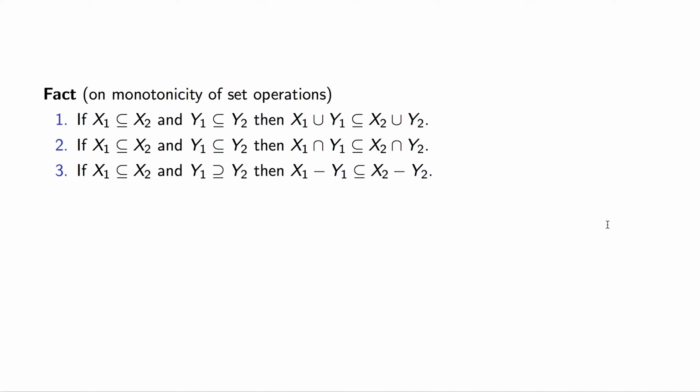In precalculus, you might have encountered the concept of a monotonic function. Monotonic means increasing or decreasing, and it could be strictly increasing or weakly increasing. For instance, the linear function y equals 1/2 x.